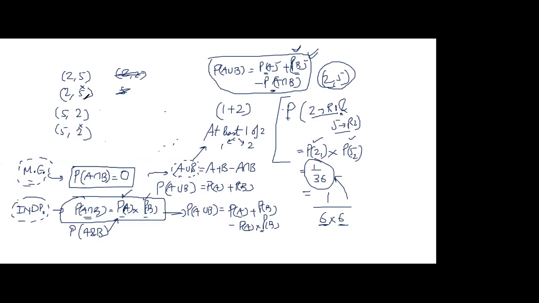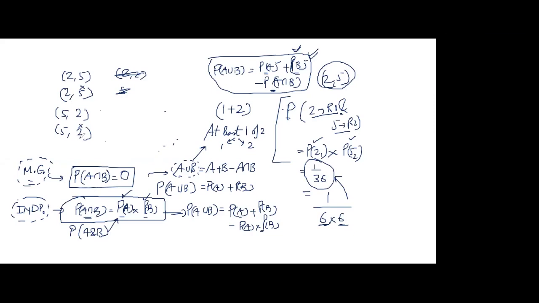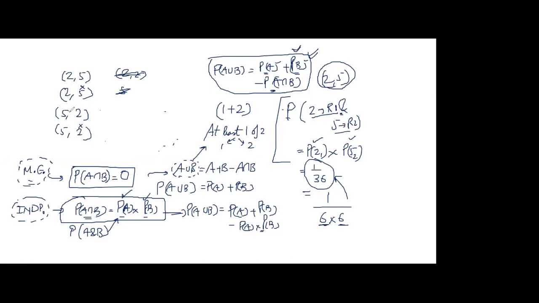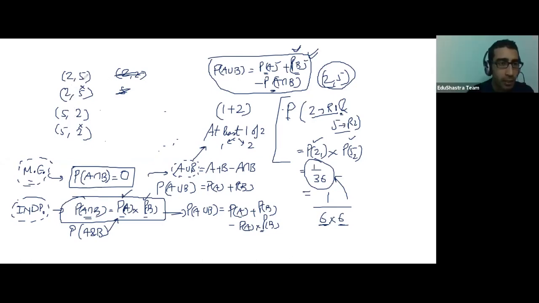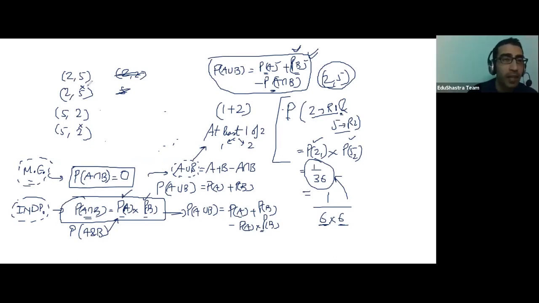Not getting 2 on dice 1, but getting 5 on dice 2. Is that also a case? Have I not included dice 1 cases? I'm sorry, I just haven't included the dice 1 cases.